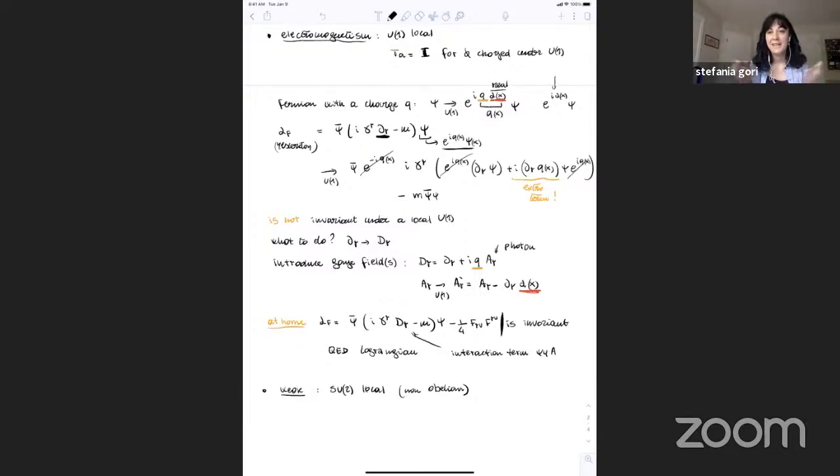Now, at the end of the day, what we are trying to do is to describe the interactions between fermions that have an electric charge and the photon. And this is well described by a Lagrangian that has this U1 local symmetry. Okay, but that's the goal. Describe the interactions between fermions and photons.